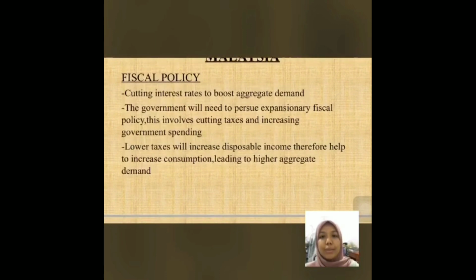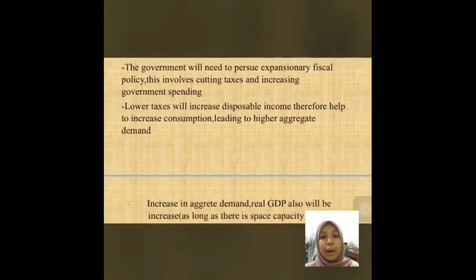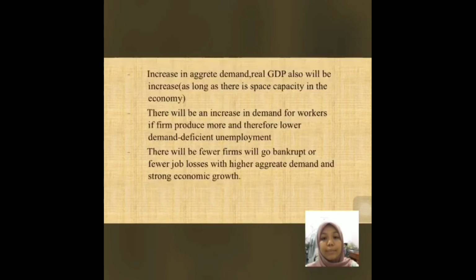Next, lower taxes will increase disposable income and therefore will help to increase consumption, leading to higher aggregate demand. So, with an increase in aggregate demand, there will be an increase in real GDP as long as there is spare capacity in the economy.